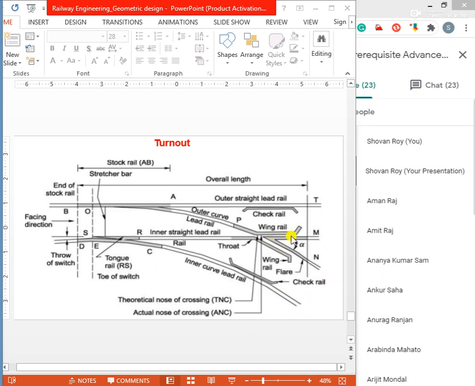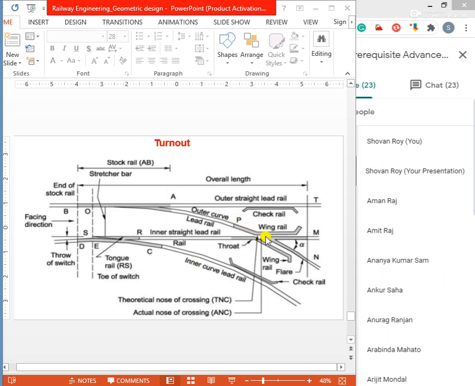So due to the presence of the flange in the wheel, our bogie or engine with its wheel configuration can go from one line to another line.